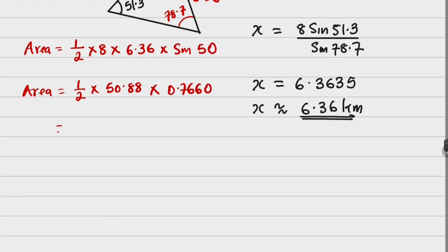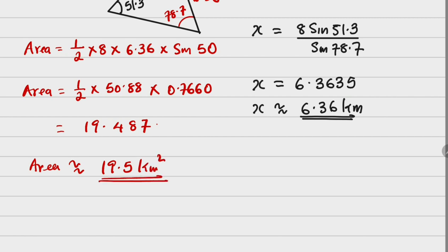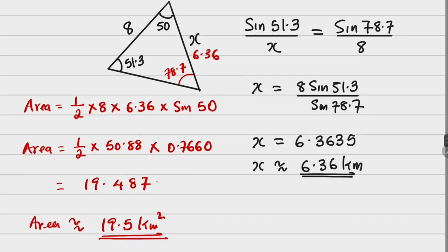All right, so therefore the area now will be 19.487, which is approximately going to be 19.5 kilometers square. Okay, so that is the area. So we've succeeded in solving everything about this question.